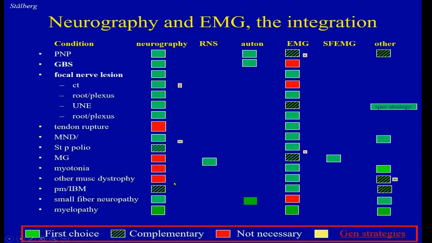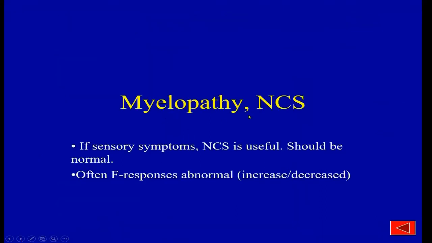And then my last example is myelopathy, which is a large varied diagnosis. What about the neurography? If the patient has sensory symptoms, it is really very useful to do good nerve conduction studies, and if we find them all to be normal, then the abnormality must be localized to the spinal cord.